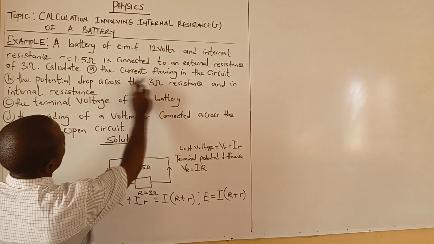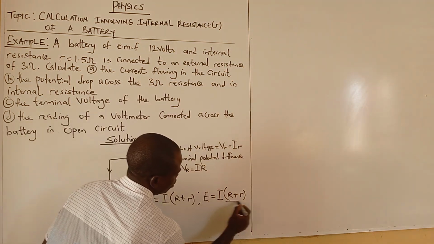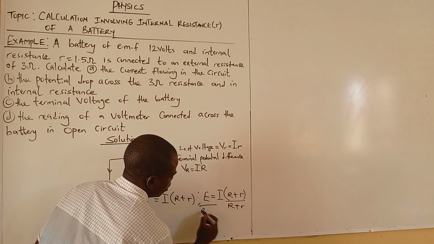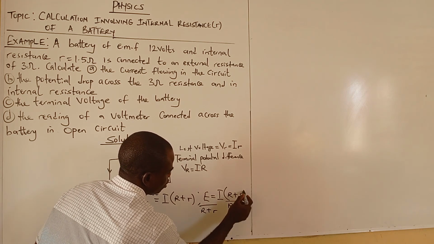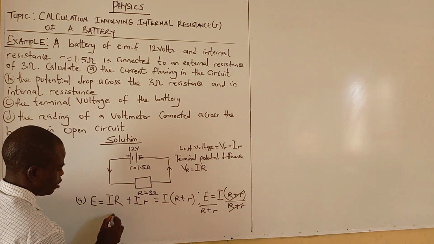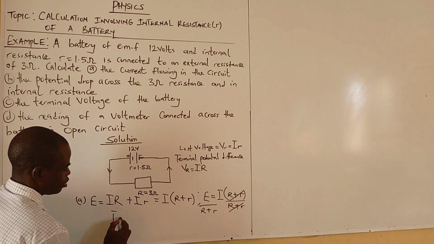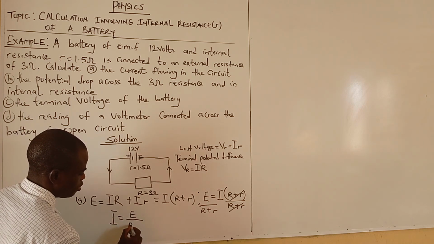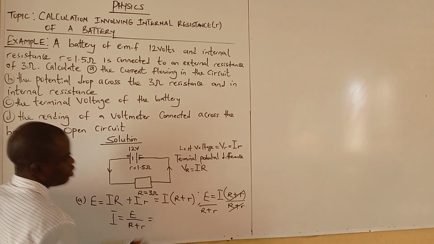Since you are looking for the current flowing in the circuit, divide both sides by R plus r. This cancels out. You have the current equal to EMF over R plus r.